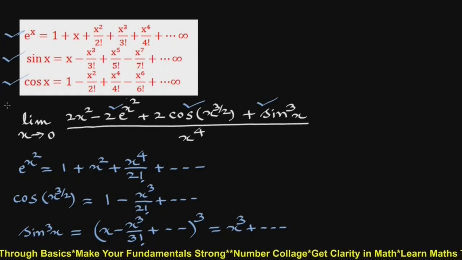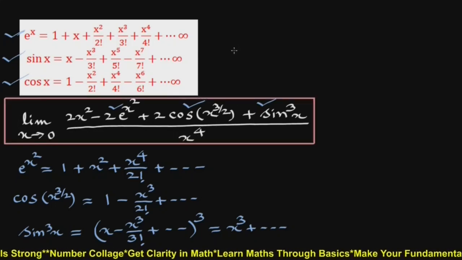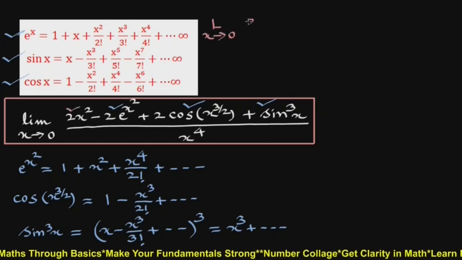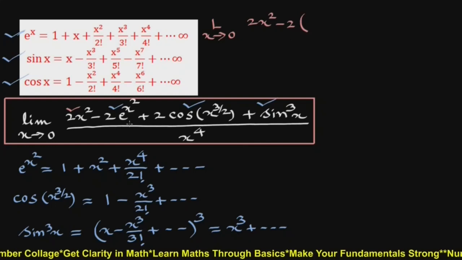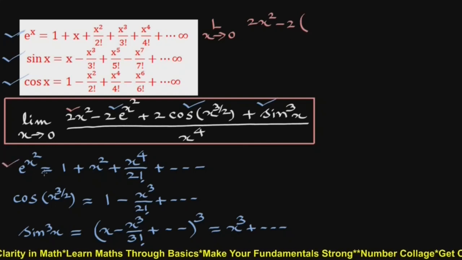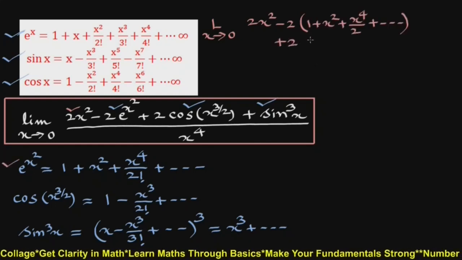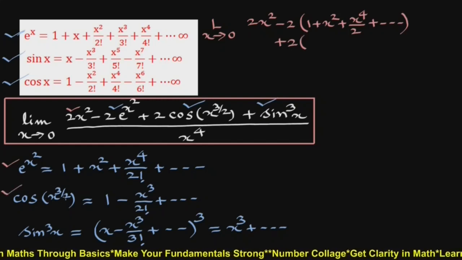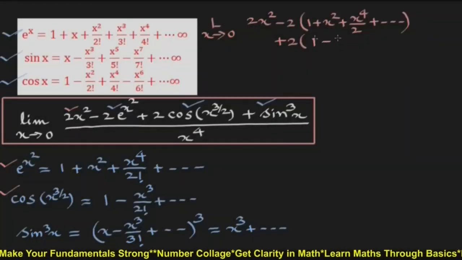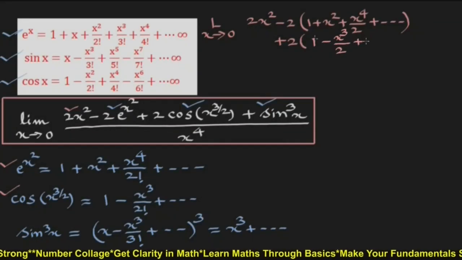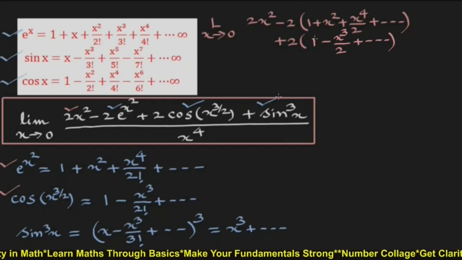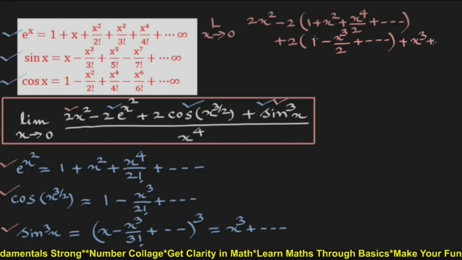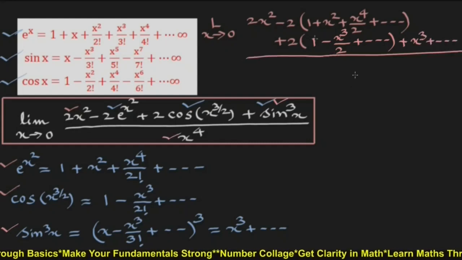Substituting all these values in this limit, we get the limit as x tends to 0 of 2x square minus 2 into the expansion of e raised to x square from here, plus 2 times the expansion of cos x raised to 3 upon 2 from here, 1 minus x cube upon 2 plus so on and so forth, plus the expansion of sin cube x from here, x cube plus so on and so forth, upon x raised to 4.